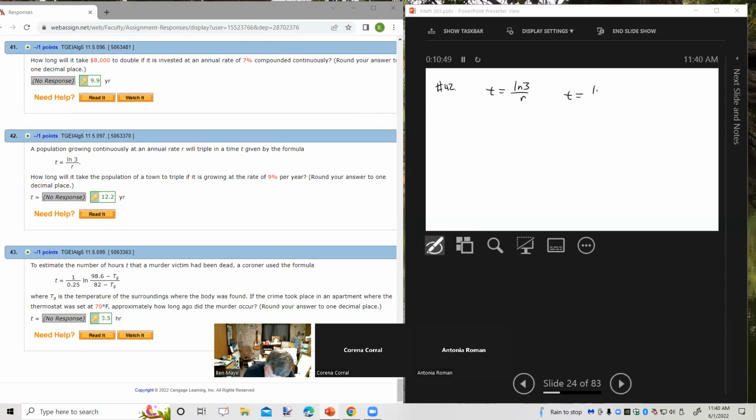So it's going to be the natural log of 3 over 0.09 because the growth rate is 9%. So natural log of 3, close it up, divided by 0.09, and we get 12.20, so approximately 12.2 years. Okay?